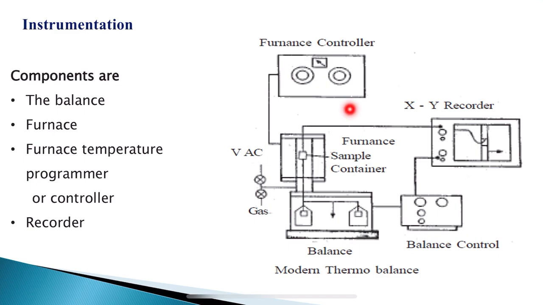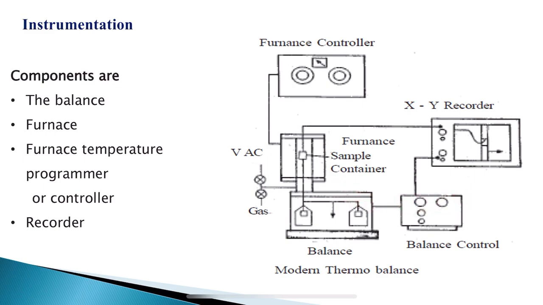This is the block diagram of the instrumentation of thermogravimetric analysis. It is a modern thermobalance. The instrument which is used for thermogravimetric analysis is called a thermobalance, and this is the block diagram of a modern thermobalance.